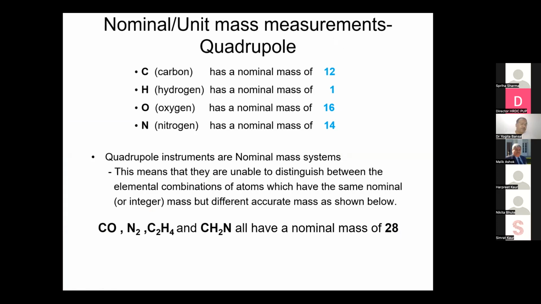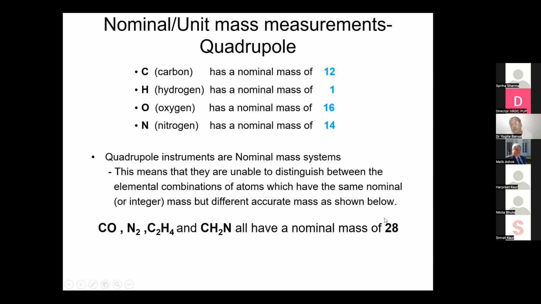For example, carbon, hydrogen, oxygen. The quadrupole instruments detect only the nominal mass. It means, let's say, carbon monoxide, nitrogen, C2H4 (ethylene), and CH2N all have a nominal mass of 28.